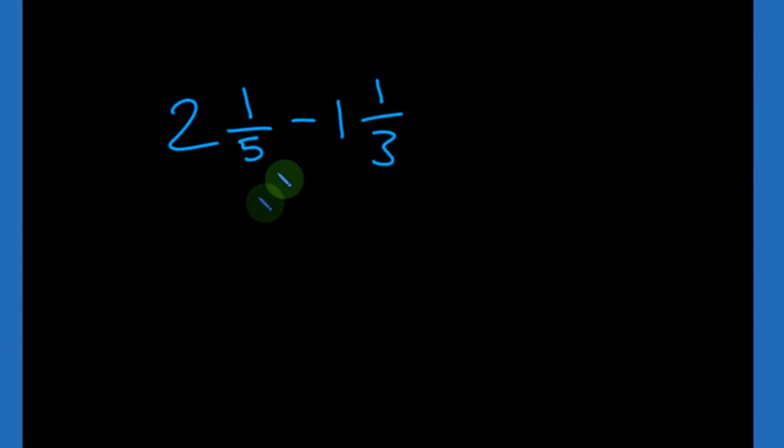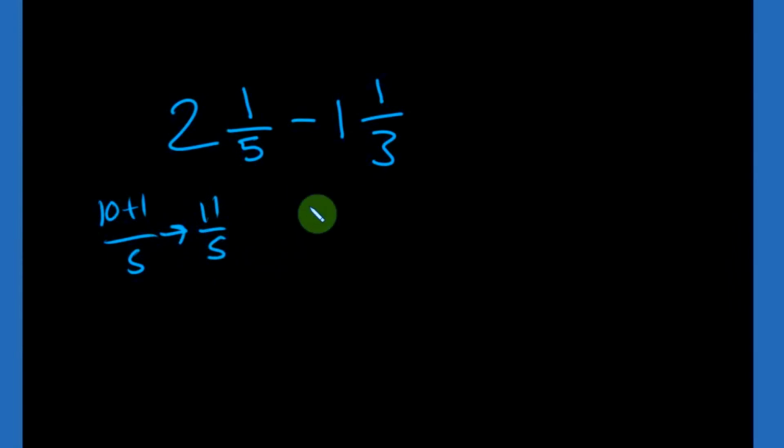If you remember from previous videos, when we have mixed numbers, the first thing we want to do is convert them into improper fractions just to make things easier. 2 and 1/5 will become 10 plus 1 over 5, which is 11 over 5. And 1 and 1/3 will become 3 times 1, which is 3, plus 1 over 3. And that turns into 4 over 3.